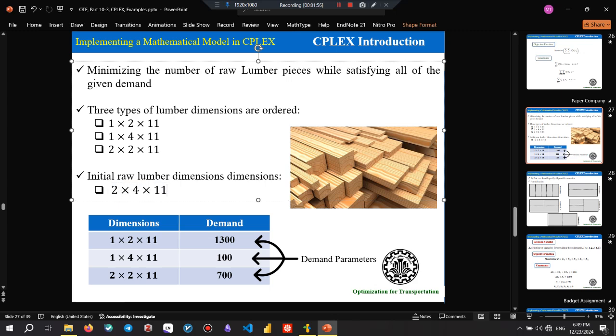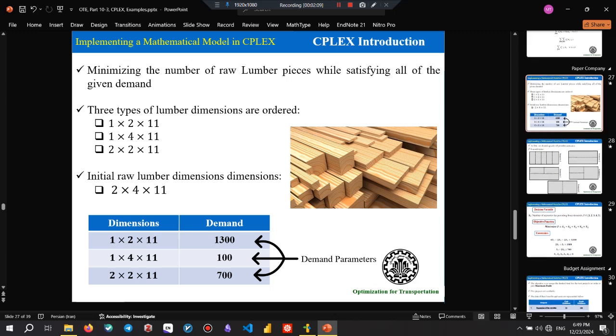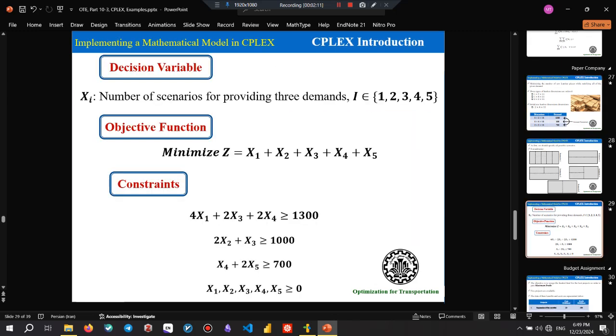There are some kinds of problems where they give you the scenarios and the objective function at first, and you have to define the objective function and its constraints.